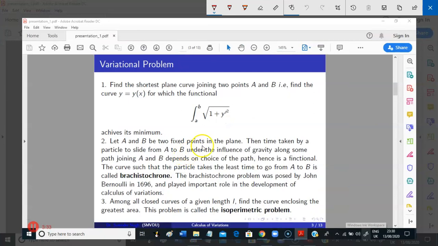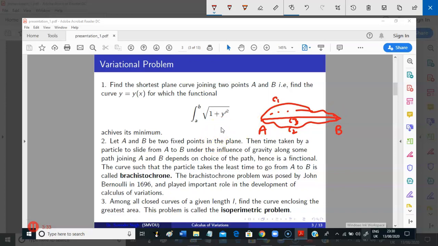Suppose here is point A and here is point B, then you can move from A to B by various ways, by various curves like this. But there will be one curve through which the distance will be minimum. So suppose this is curve C1, this is C2, this is C3, and you can have an infinite number of curves between these 2 points.